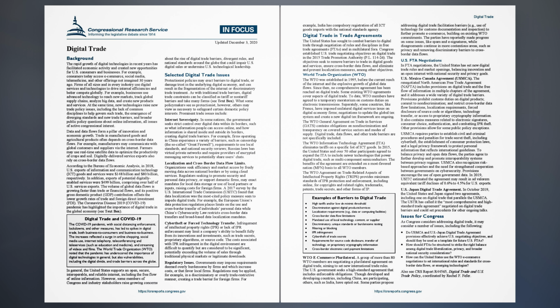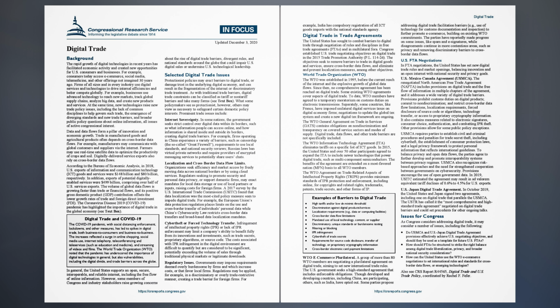WTO e-commerce plurilateral. A group of more than 80 WTO members are negotiating a plurilateral agreement on digital trade, aiming to set new international trade rules. The U.S. government seeks a high-standard agreement that includes enforceable obligations. Though developed and developing countries, including China, are participating, others, such as India, have opted out.